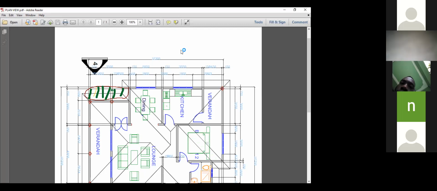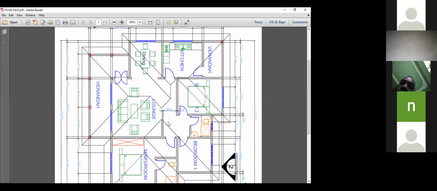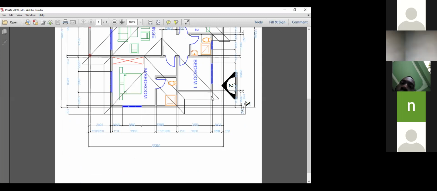So what I do is, you can see here, they took the total length of the plan and total width of the plan. Then they deducted those small sections that I've shown you. In this plan we would have that section and this section, two sections.